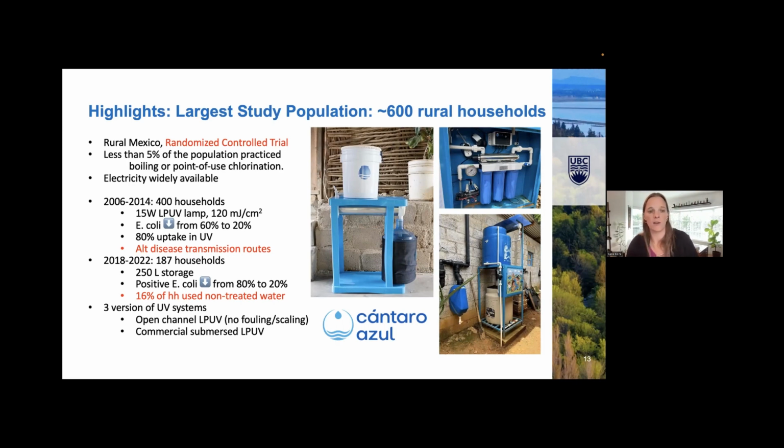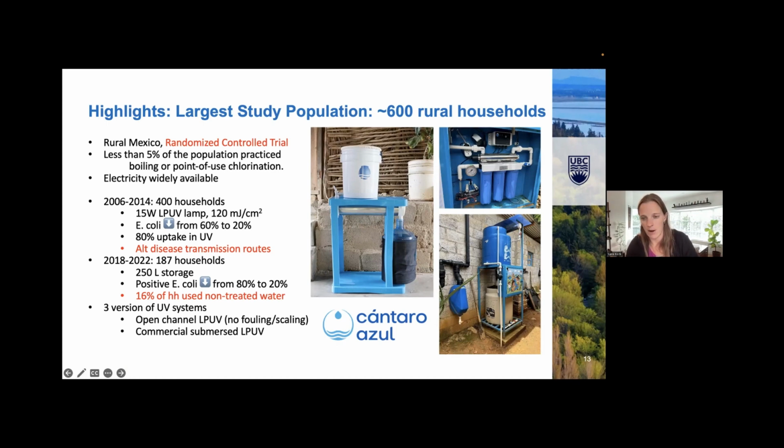They also saw an increased use in ultraviolet disinfection technologies, which is good. But one of the downsides of this one is that there were alternative disease transmission routes. So basically they were only treating the drinking water. And so there was alternative contamination through wash water, through other sources of water that people were using for bathing or washing clothes. So that led to the next iteration, which was the safe water system.